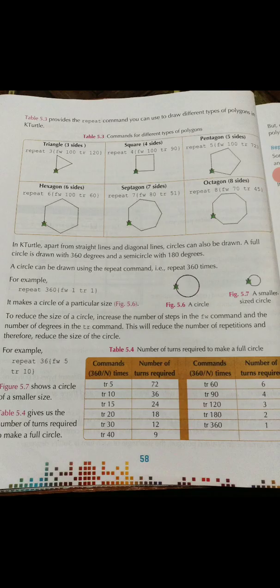Look at figure 5.3 where you are getting different types of polygons: the first one is a triangle, the second is a square, the third is a pentagon, the fourth is a hexagon, then the fifth is a septagon, and the sixth is an octagon. Clear this much?